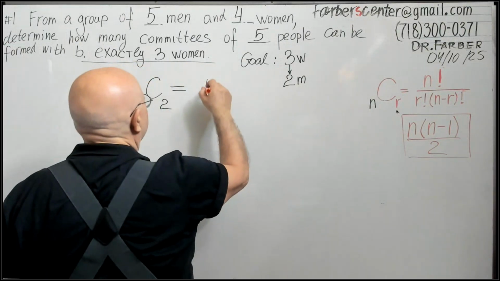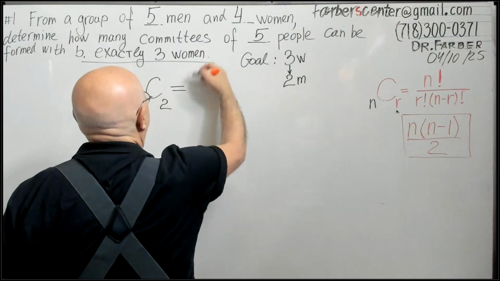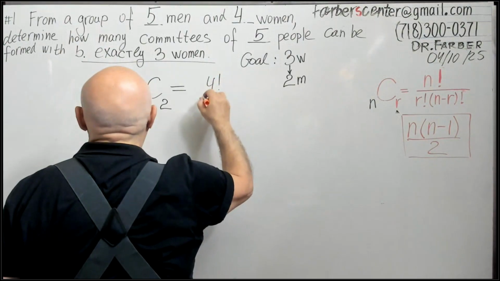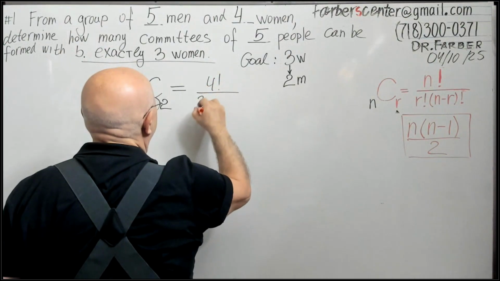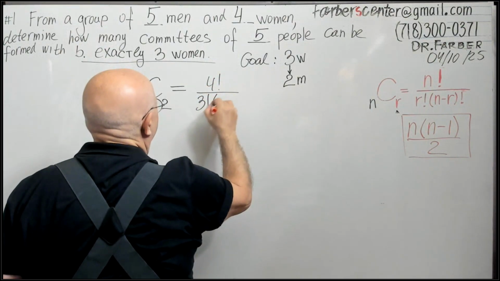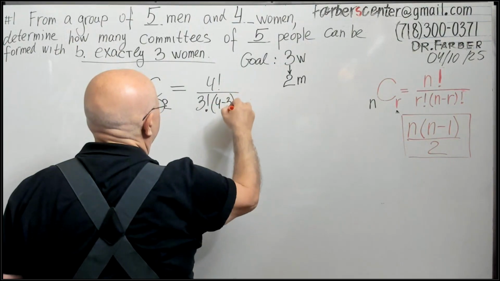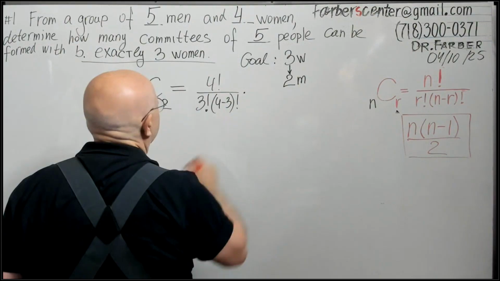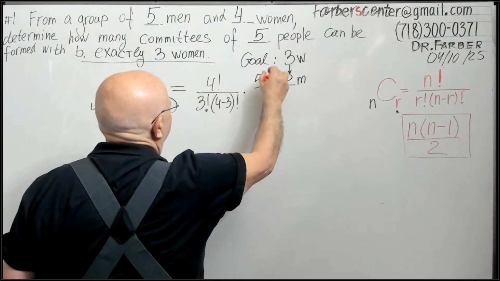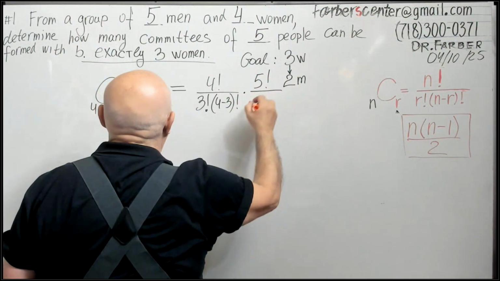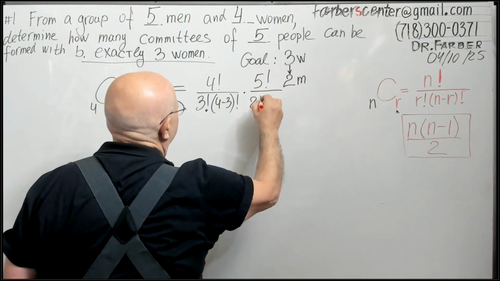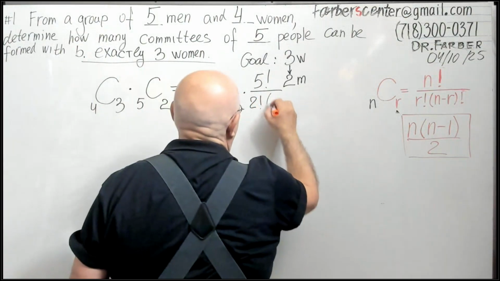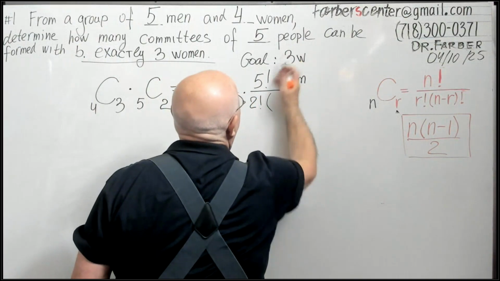step by step. This is n, which is 4 factorial, divided by 3 factorial, by 4 minus 3 factorial. And this guy is 5 factorial divided by 2 factorial, multiplied by, I will erase this, we don't have too much room.